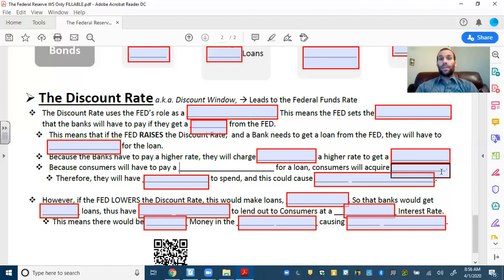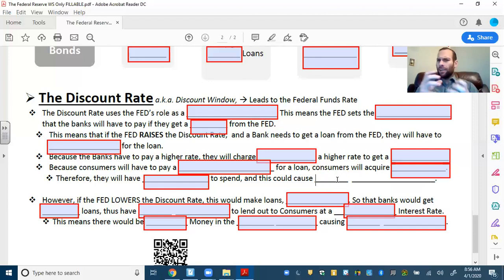Clearly, the answer is you would acquire fewer loans. Because the interest rate's higher, money's more expensive, people get fewer loans. All right, so if people got fewer loans, they will have less money to spend. And if people have less money to spend, this would cause, you guessed it, less inflation.